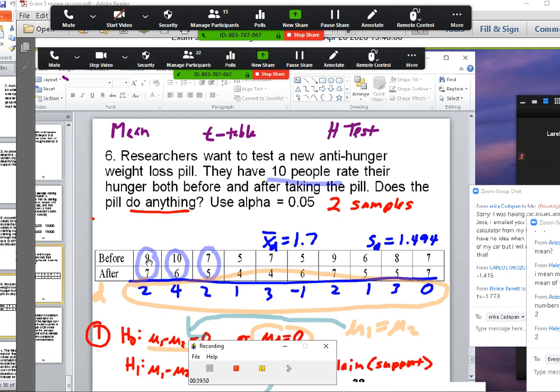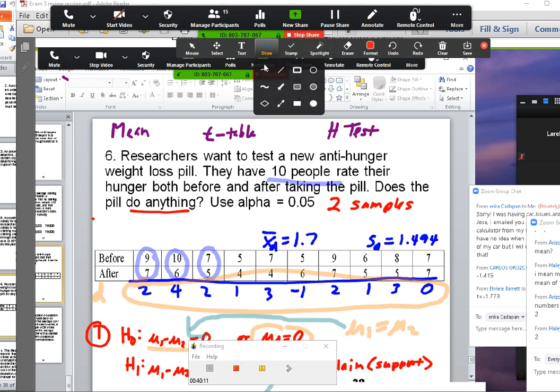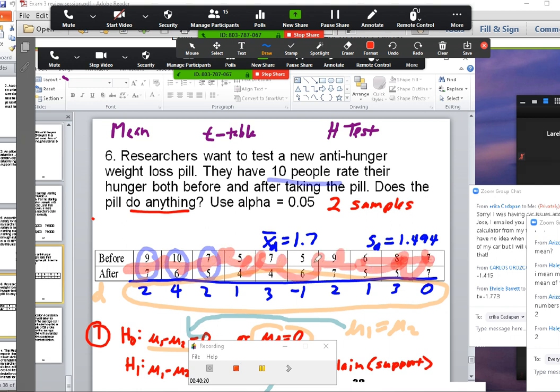After you do that, you no longer even care about the original data. You can just ignore it, because all you care about is this data down here. You've taken 2 samples and made them into 1 sample, because you only care about the differences.